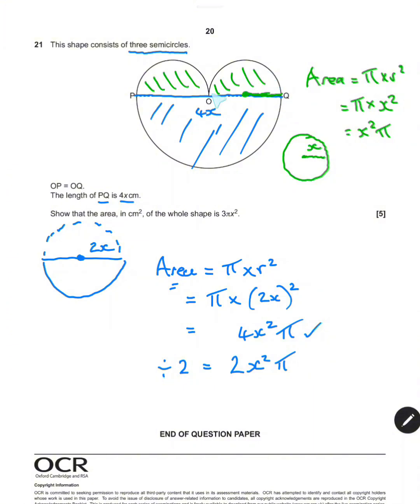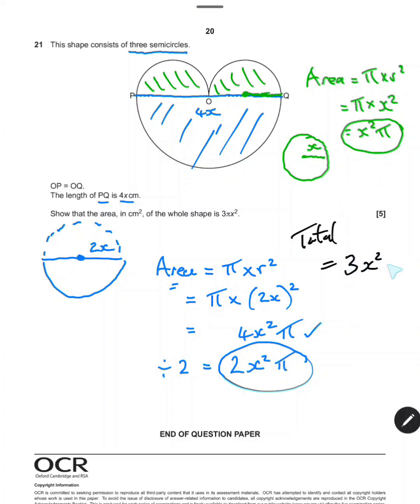If I now want to look at this full love heart shape, I need 2x squared pi added to x squared pi. Altogether, I've got 2 add 1, 3x squared pi, and 3x squared pi is the same as 3 pi x squared.